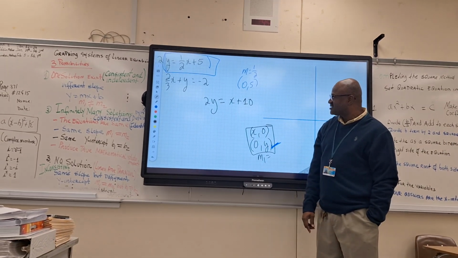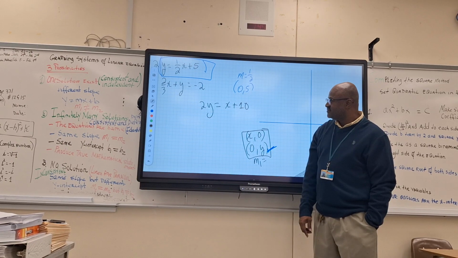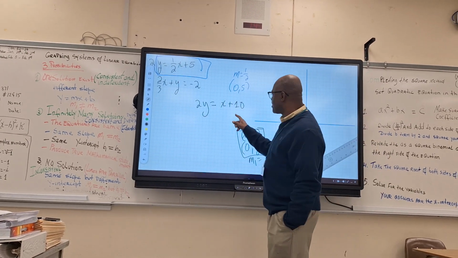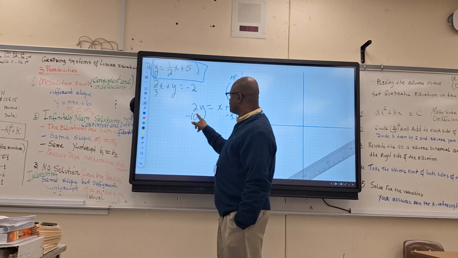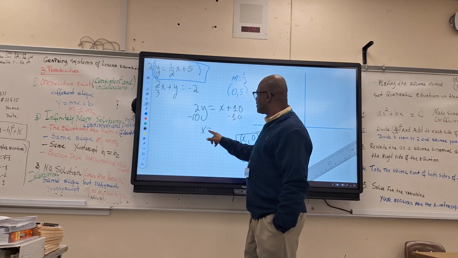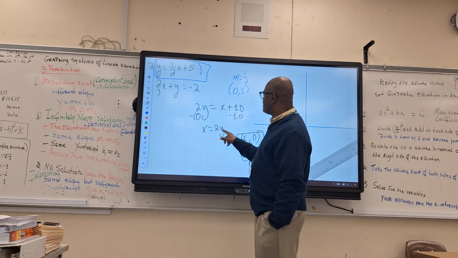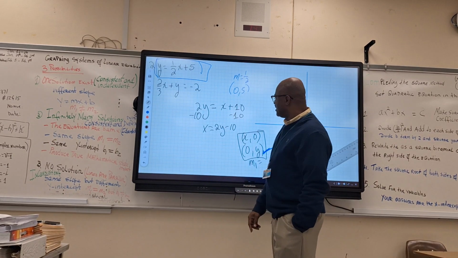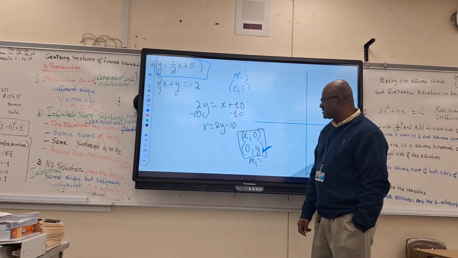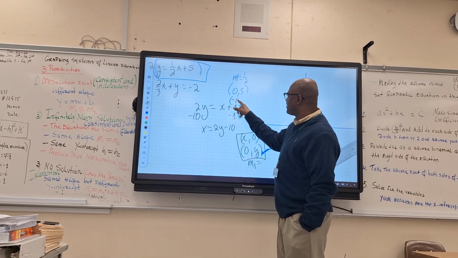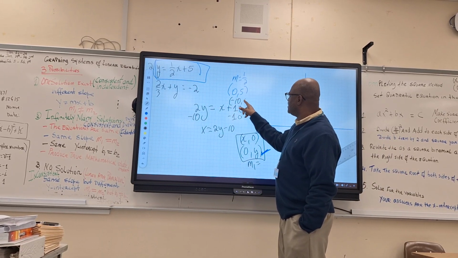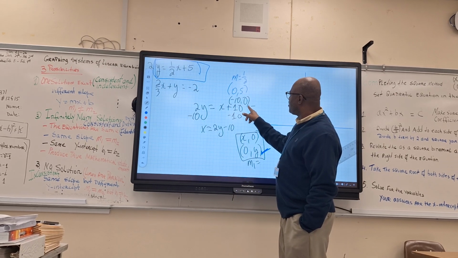How will you get x by itself? Subtract 10. Then you will end up with x equals 2y minus 10. In this case, what is the x-intercept? Minus 10. When x is negative 10, y is 0. Then you're done with this equation.